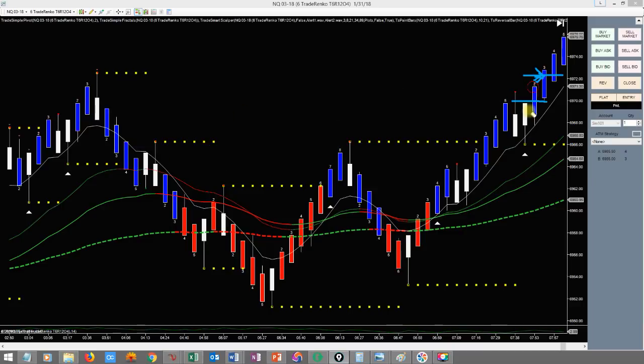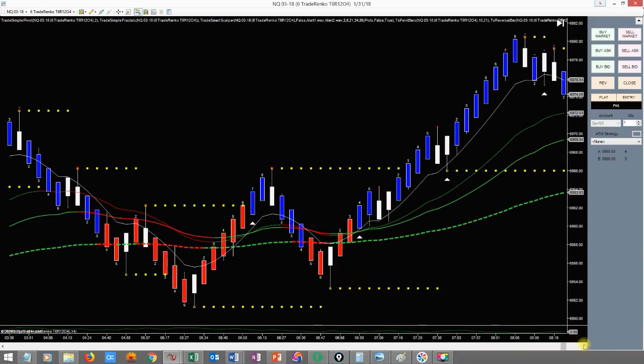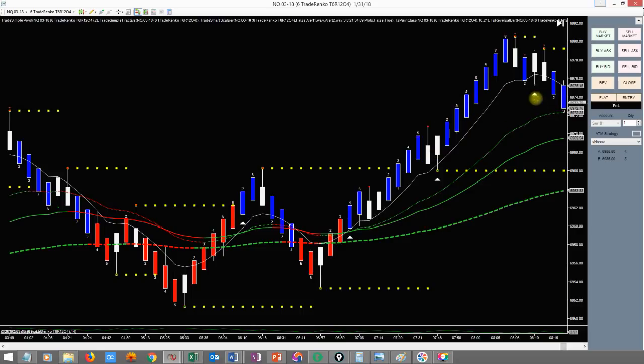So let me erase all this and show you where the first trade of the day would have been. And we're going to go into basically how we would have traded it. Now, this right here is broken support, so you do not trade broken support to the upside. Okay, so now you're only looking for it to come back up and create another higher high. Okay, this is what we'd be looking for if that were to happen, or we're waiting for a bounce off of this solid line.